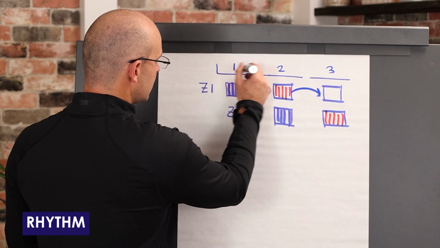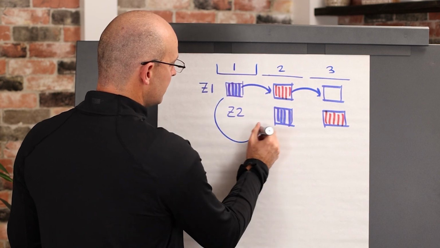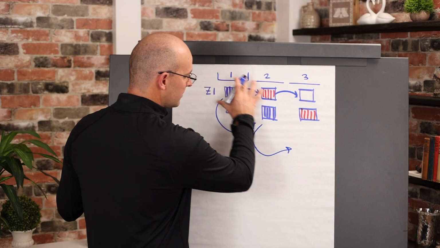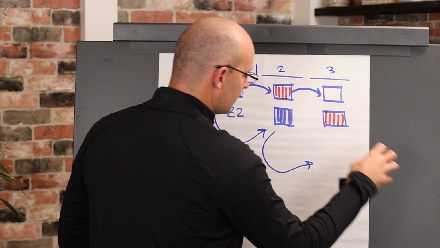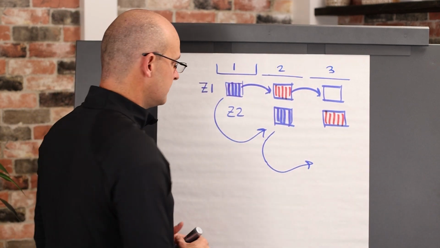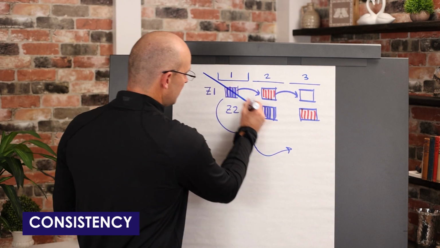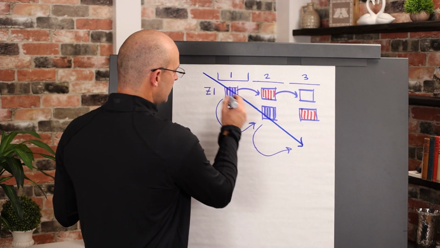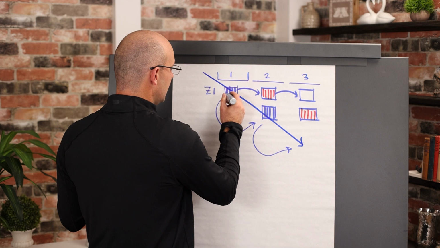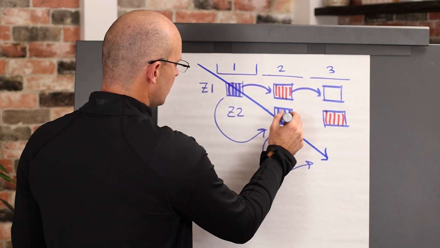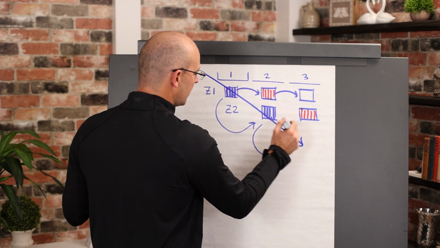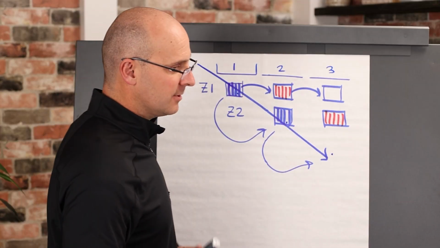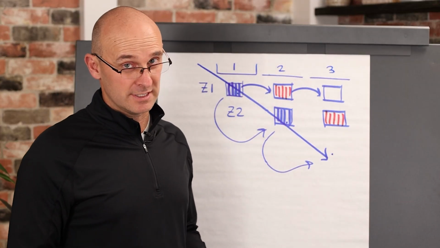So every takt time, you start out in a different area, and there's a rhythm to that work, meaning that that trade on a rhythm progresses from zone to zone. The third one is consistency, meaning that the work that is progressing from zone to zone has a consistent amount of work, a consistent type of work, so we're able to do them better and better and better as we go, which means that we're constantly improving and increasing our production.